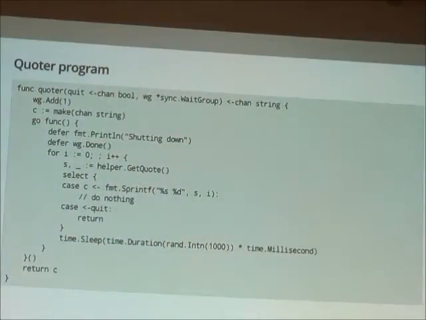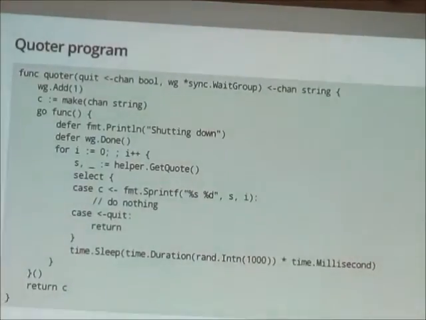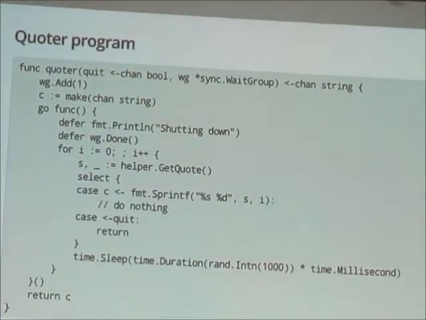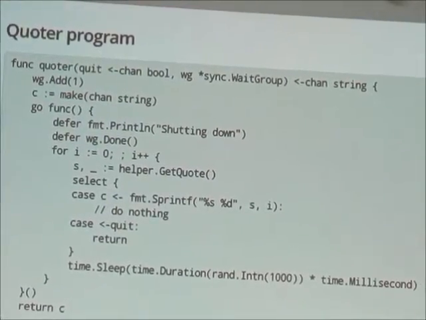This is the program we ended up with last time. This is just using basic Go stuff. Well, all of it really just uses basic Go stuff. But this has the elements we're going to build on this time.